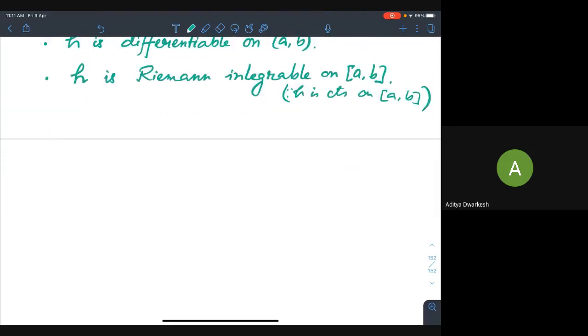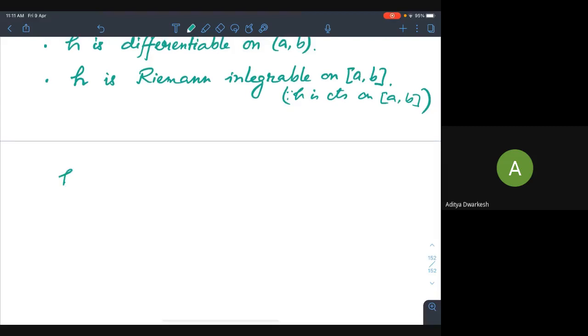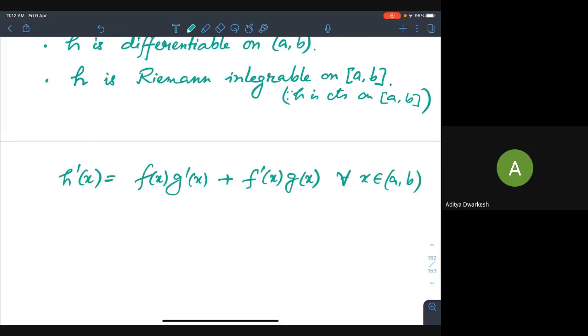All right. Now consider h'(x), which is f(x) g'(x) plus f'(x) g(x), for all x in the open interval.